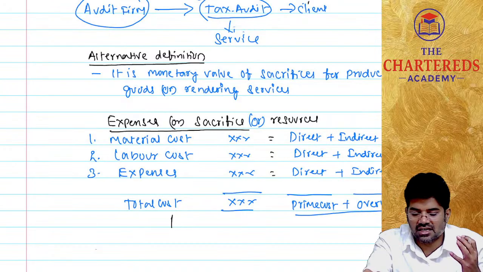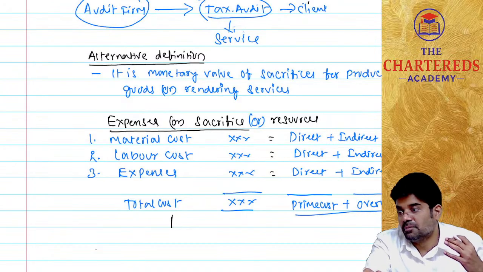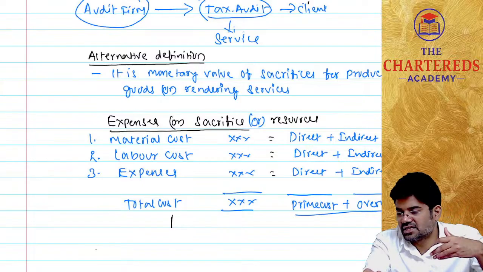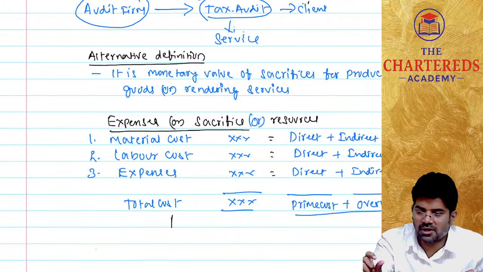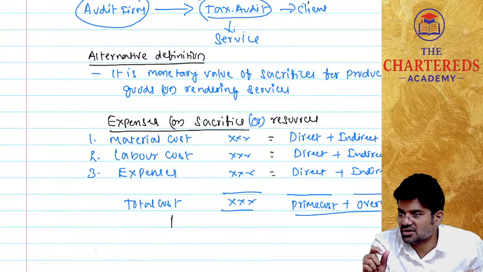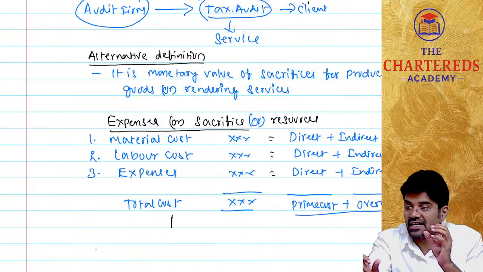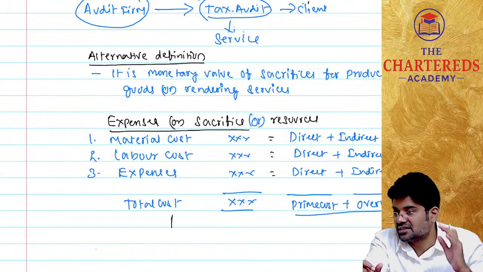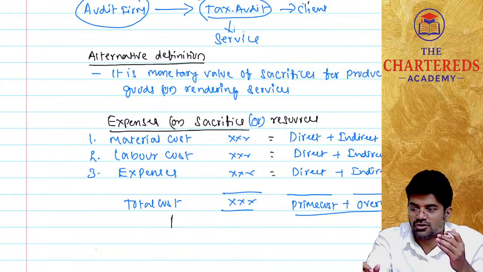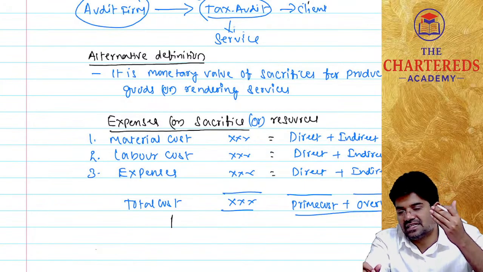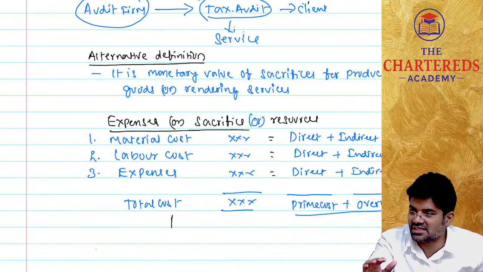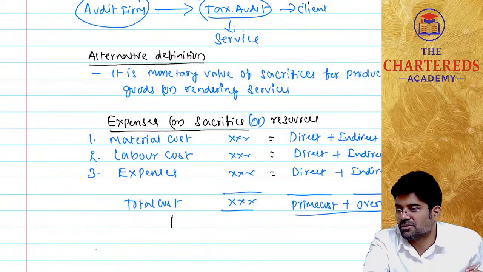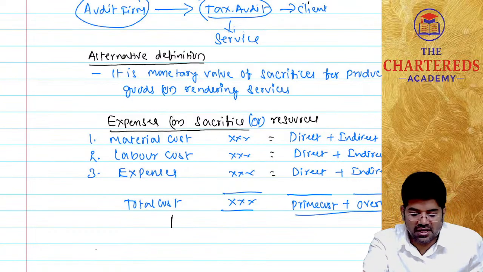When they started this branch of financial accounting, basically cost accounting is a branch of financial accounting, the basic purpose was to know how much exactly the cost they are expected to incur, right? And also is it in control, or is there any possibility of reducing this expenditure? That was the main purpose, right?